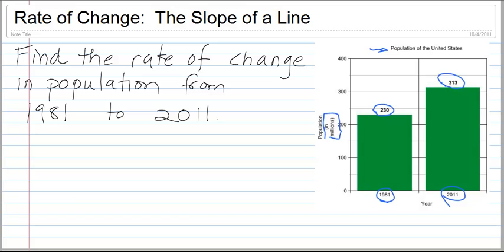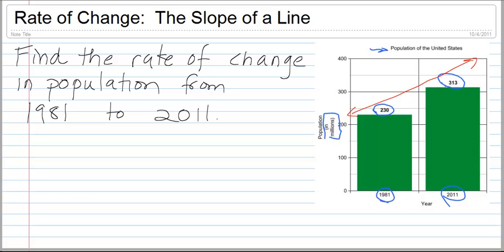So how has the population changed from 1981 to 2011? Well, one thing that we can observe from the graph is that this population has been increasing. So as time goes by, as time gets larger, so does the population. This is actually called a positive slope, and we'll take a look at that in just a couple of minutes.